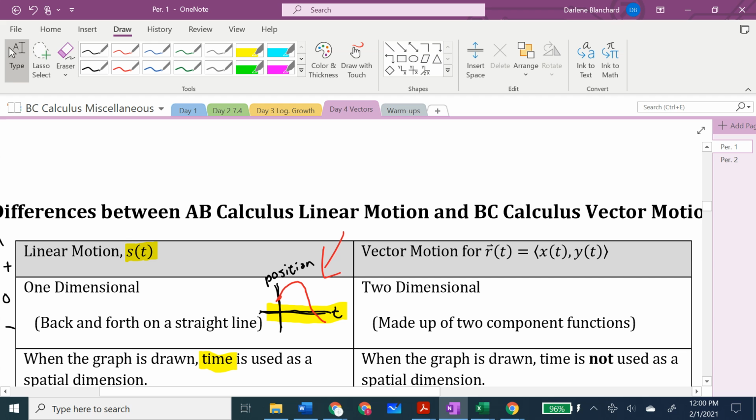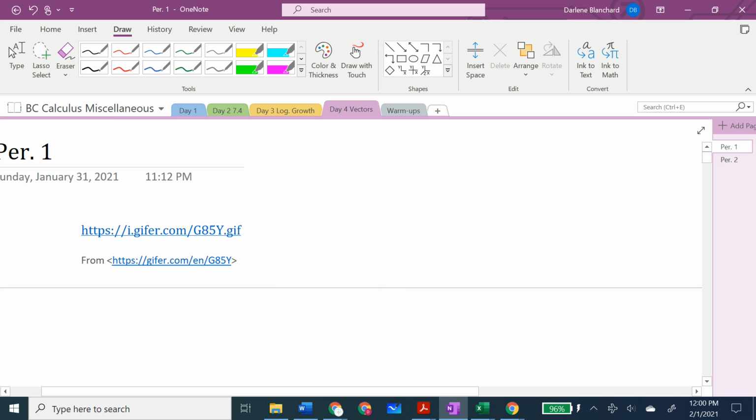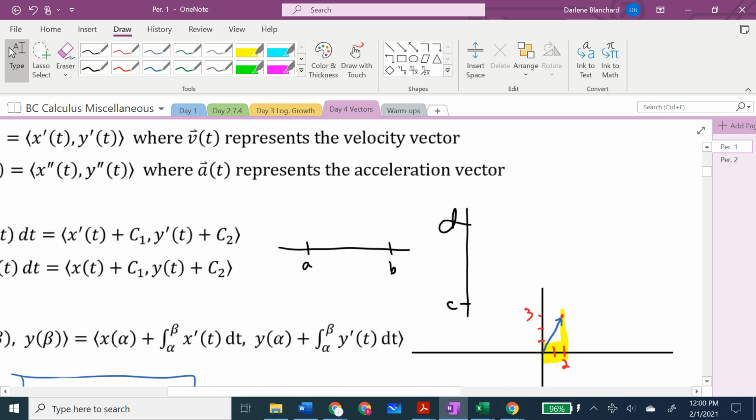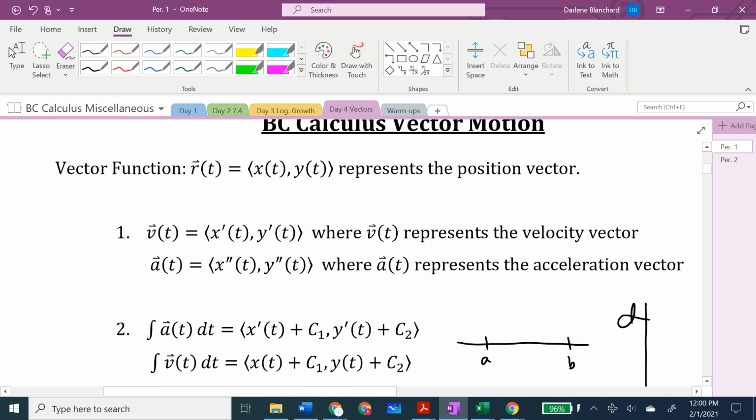So as far as the difference between the 1 dimension and the 2 dimensions, I now need to go back to the beginning. Oh, that's right. I had a little GIF ready that I'll show you in a second. All right.